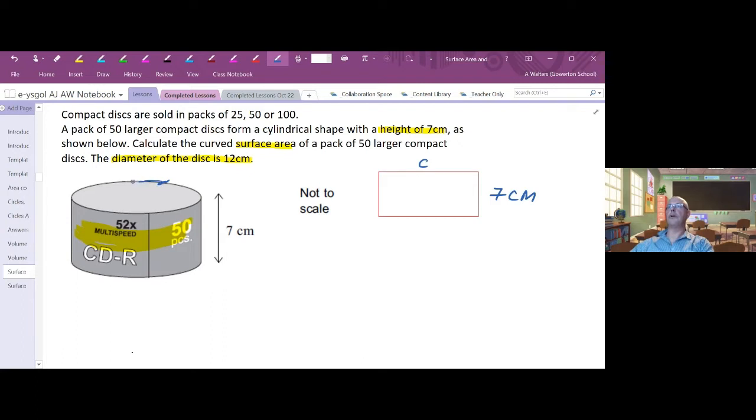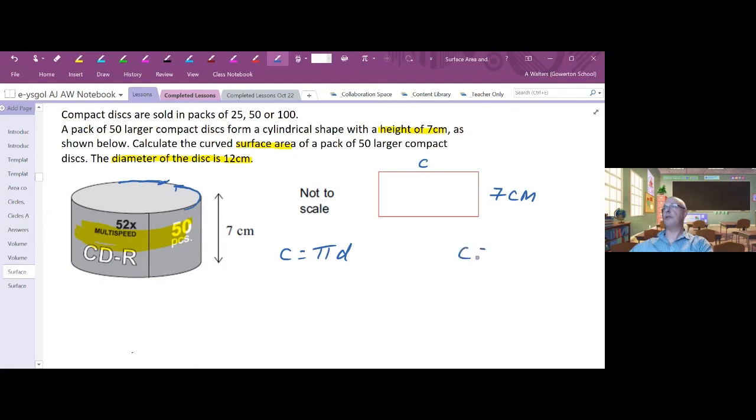It's not given to you, you have to work it out. So the circumference of a circle is pi times d. That formula is not given to you.